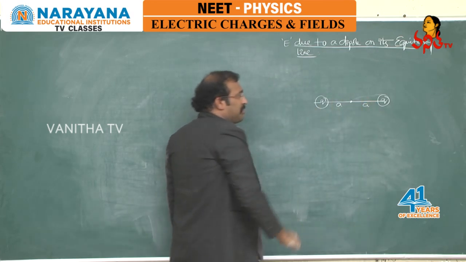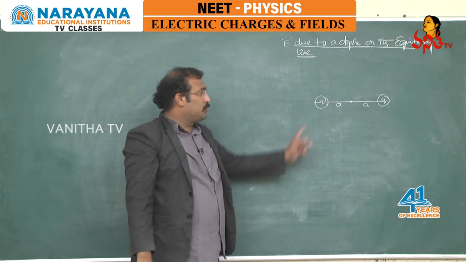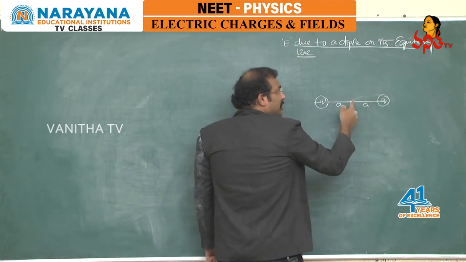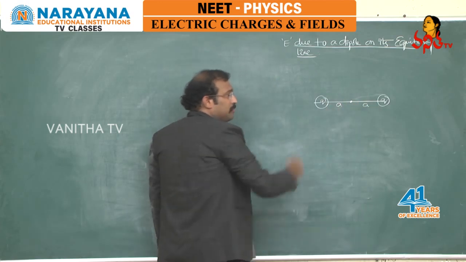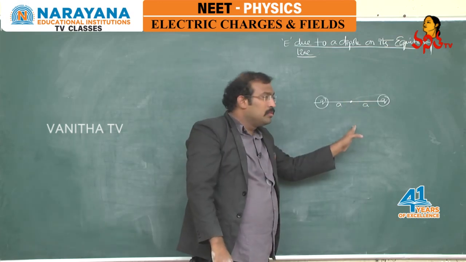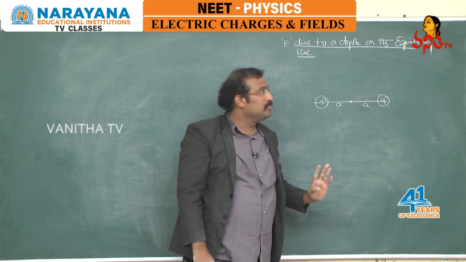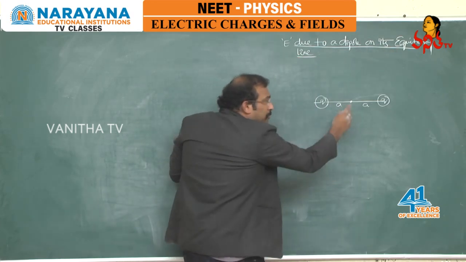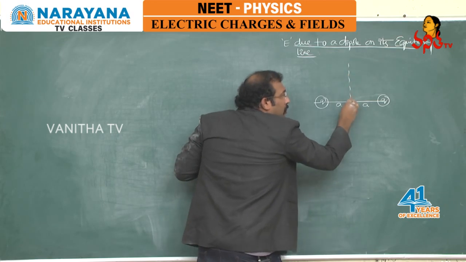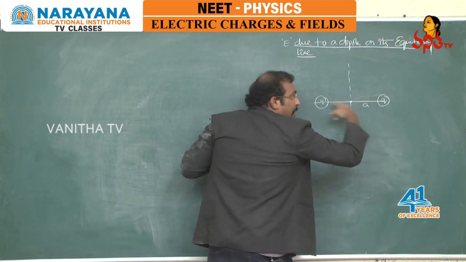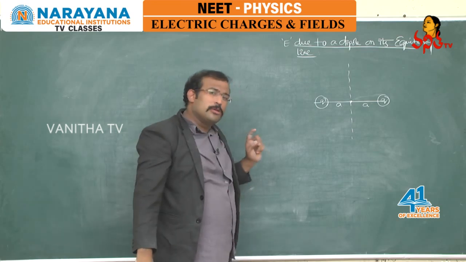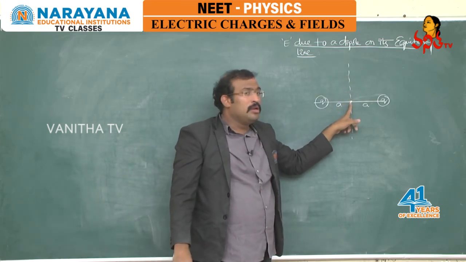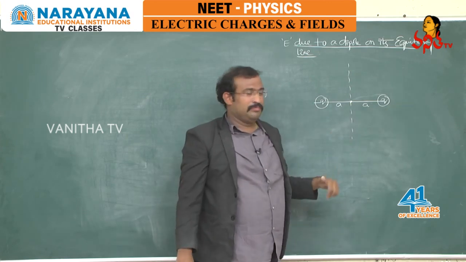These are the distances from the center of the dipole of the two charges. Equatorial line is a line that passes through the center of the dipole and is perpendicular to the dipole length. Or you can also say the equatorial line is a line that passes through the center of the dipole and is perpendicular to the axial line.